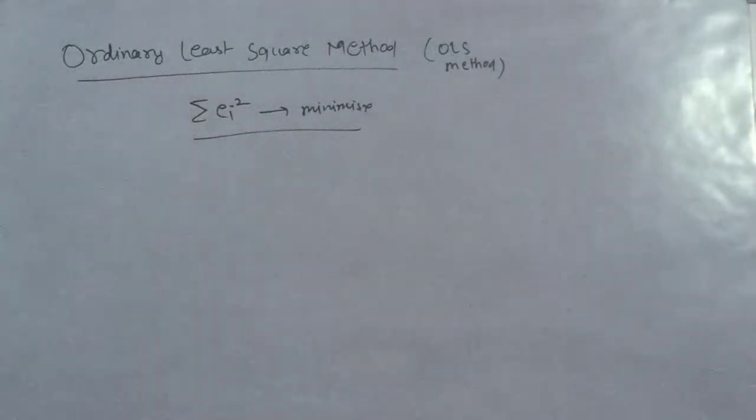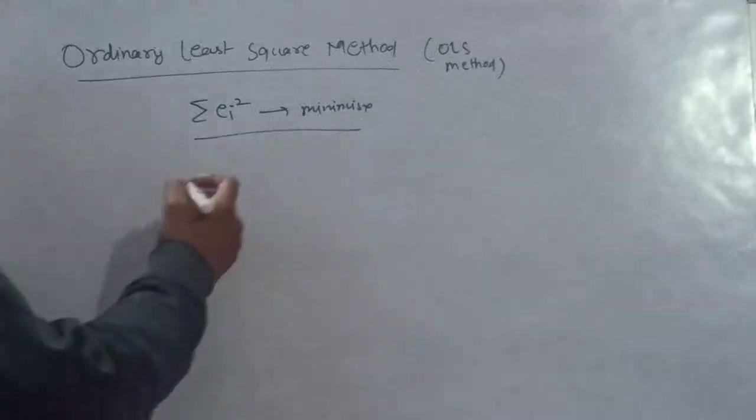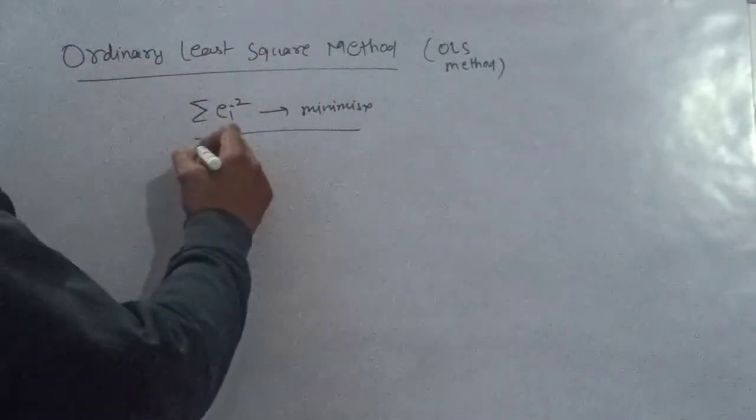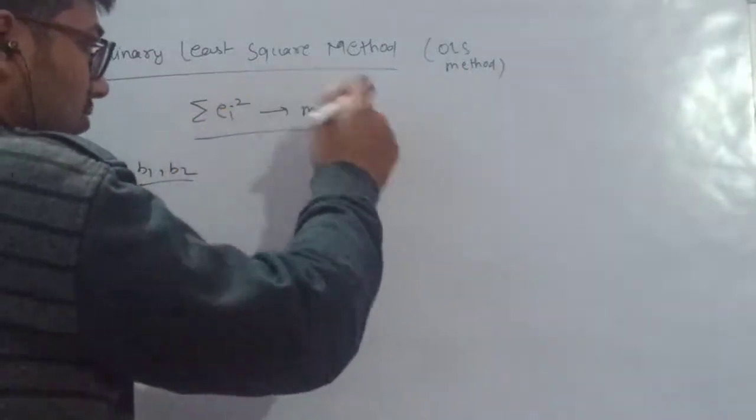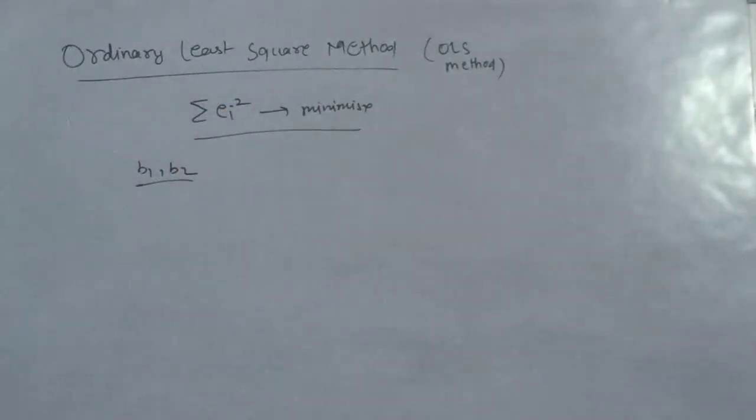So according to the definition, in this method we have to find b1 and b2 such that summation ei square is minimized. In simple language, this is what the OLS method means. Now I will come to the derivation.